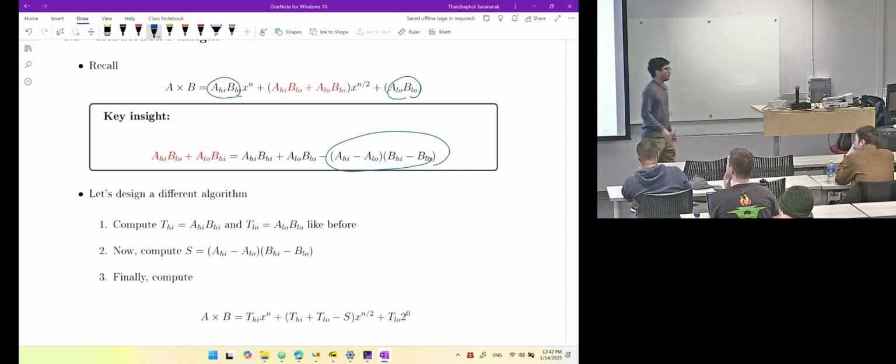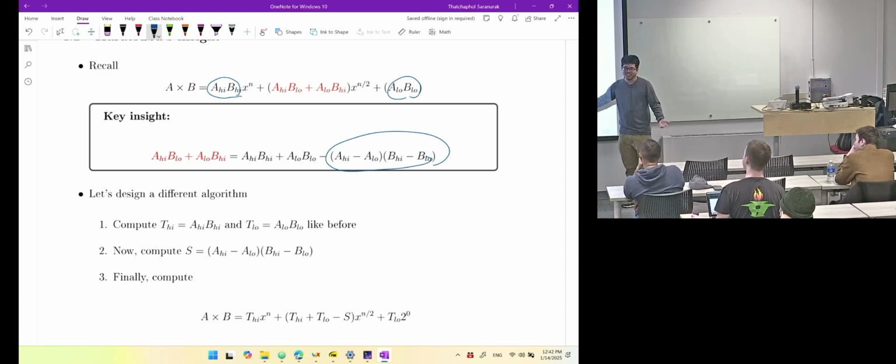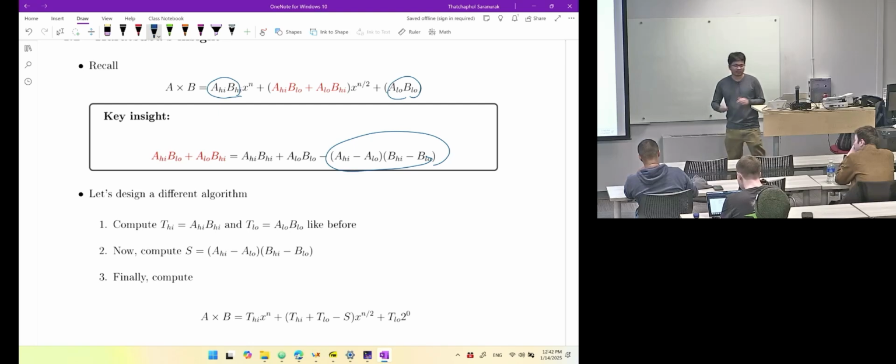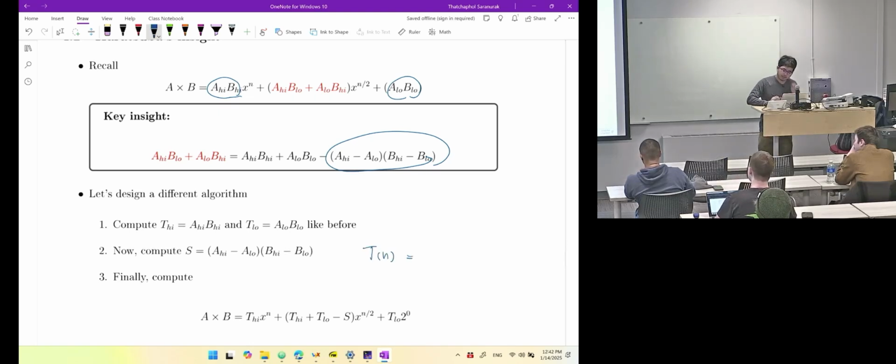Okay. So can you tell me how this algorithm will work? What's the recurrence of the running time? Can anyone tell me how it looks? If the running time is T of n, how does this recurrence look? 3T(n/2) plus O of n.